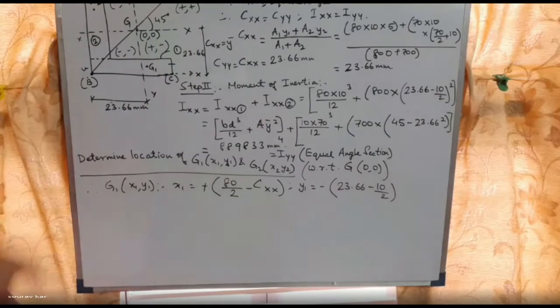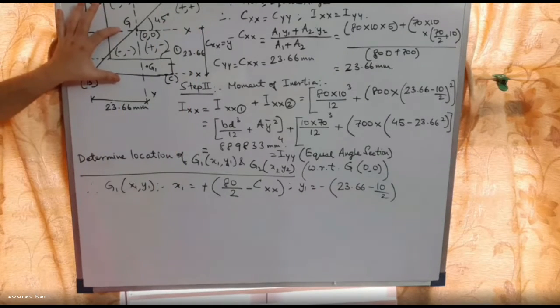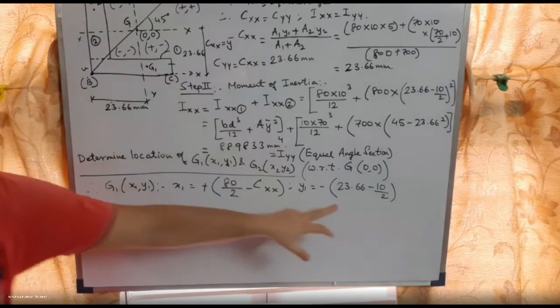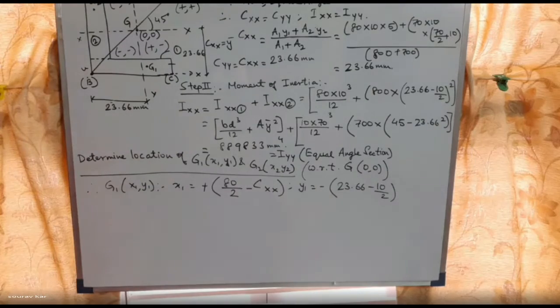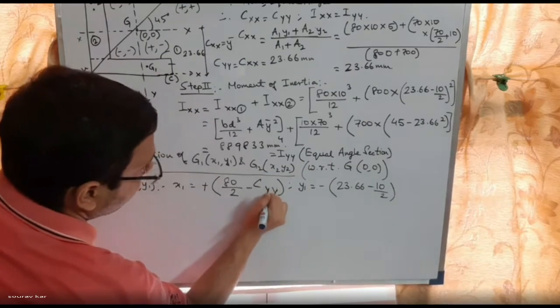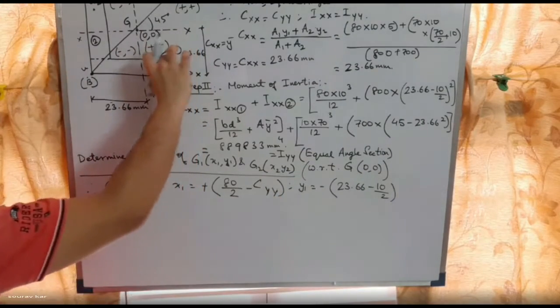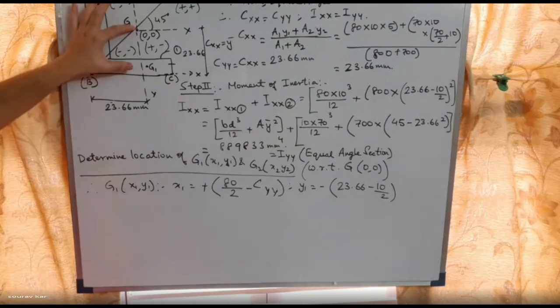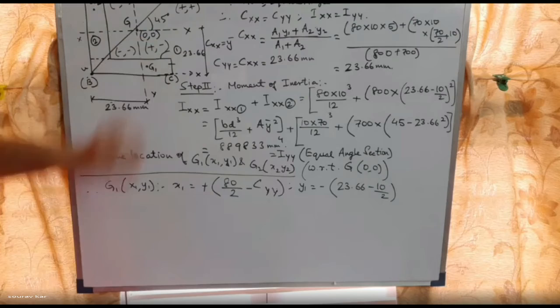How much? This distance c by c-axis, that is 23.66, minus 10 by 2 this distance. So I want to find out this gap, right? This gap. So this total gap minus this gap, that is G1.